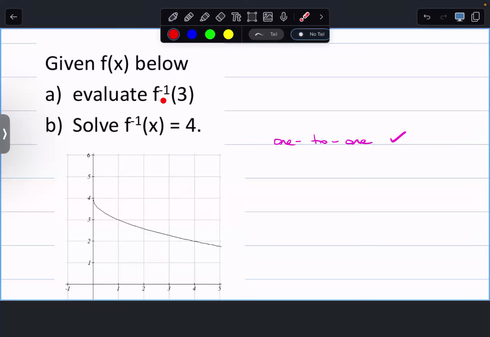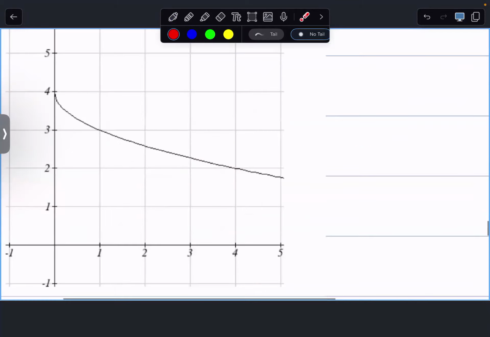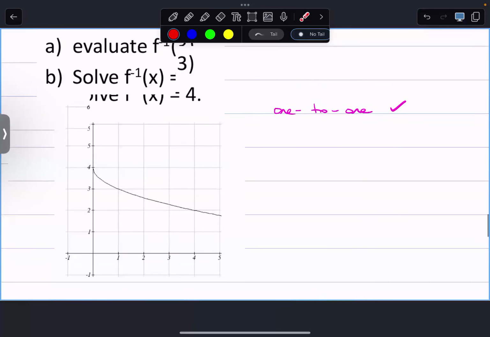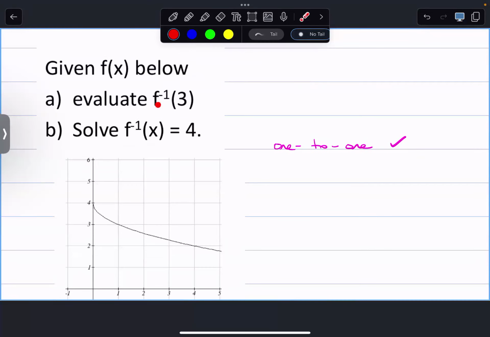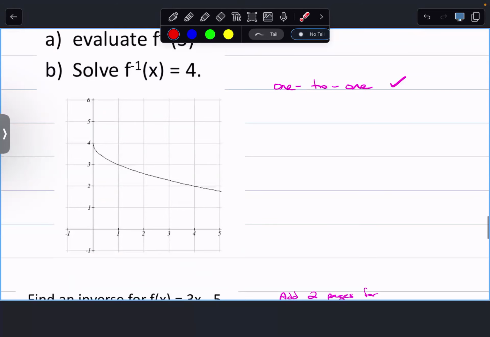Gonna do the same thing. Now with the graph, it's rough approximations. I don't expect you to be able to read it, you know, what is it at 3 here? I don't know, 2.5-ish, right? So f of x moves from an input here to an output here.